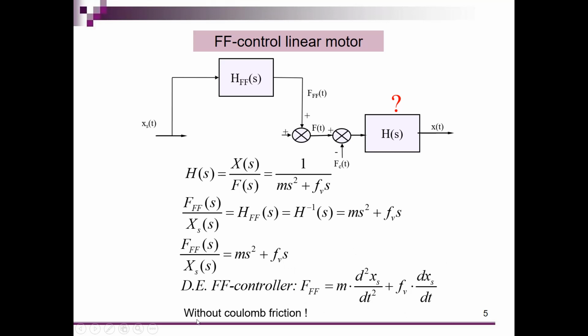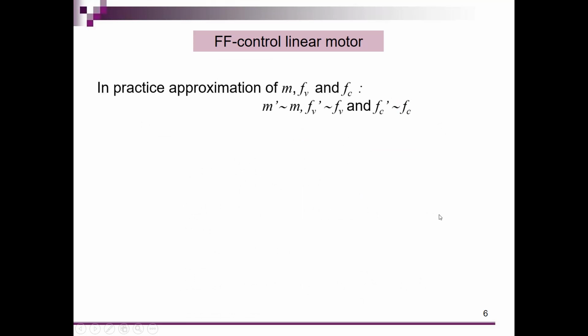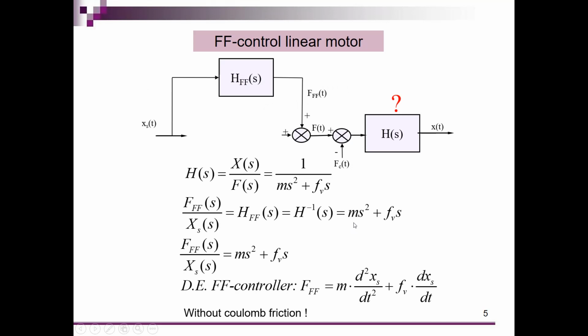And again, notice at this moment we did not include my Coulomb friction because I had to put it away in order to realize a transfer function over here. So what we can do now is, first of all, we define the M, the Fv, and the Fc. Because in practice, what we want to do, of course, is set this mass in my feed-forward control here in software as accurate as possible to the real mass of my system.